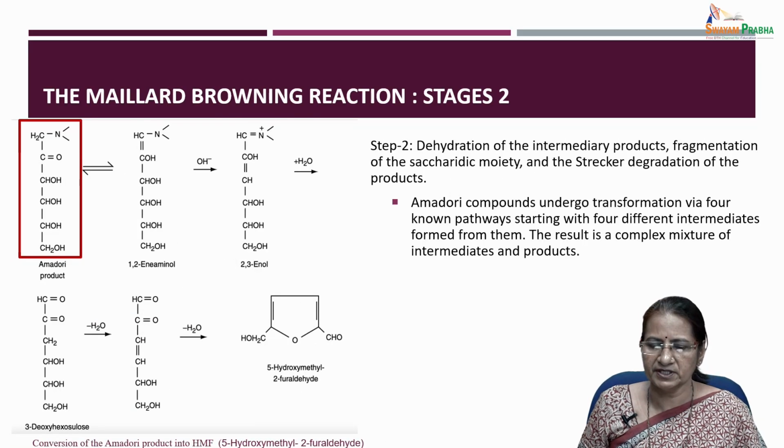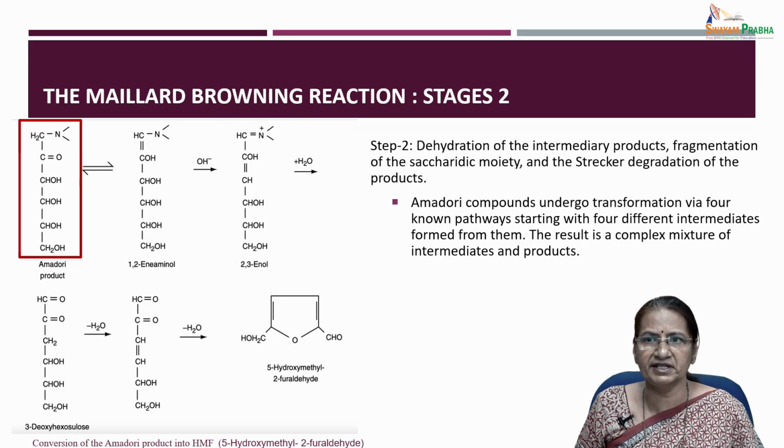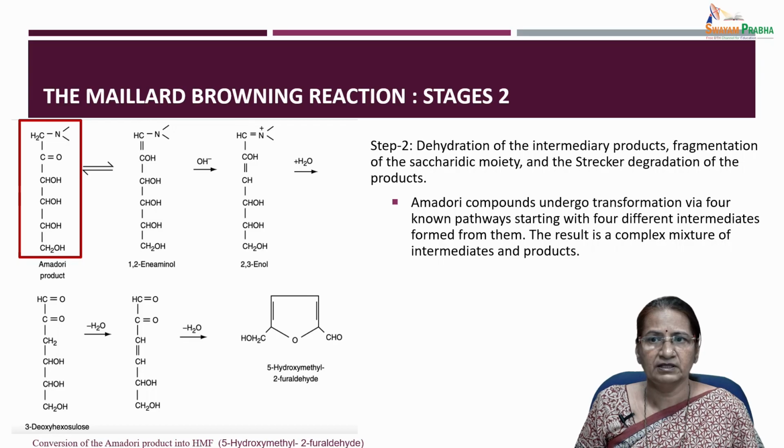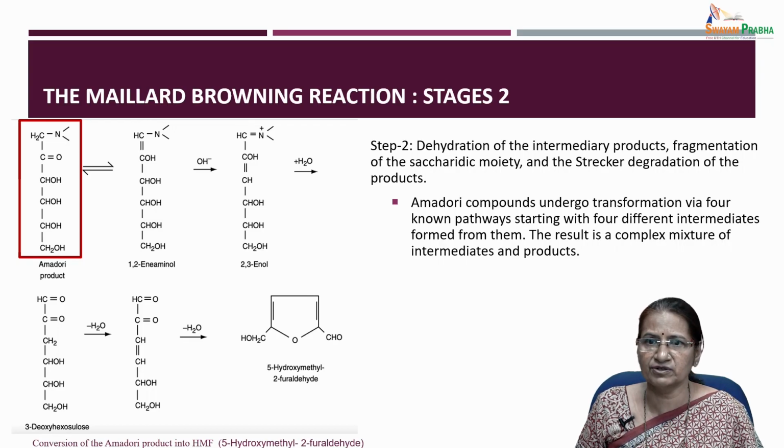Now, step 2 is dehydration of the intermediary products, fragmentation of saccharidic moiety, and the Strecker degradation of the products. Amadori compounds undergo transformation via 4 known pathways, starting with 4 different intermediates formed from them. The result is a complex mixture of intermediates and products.